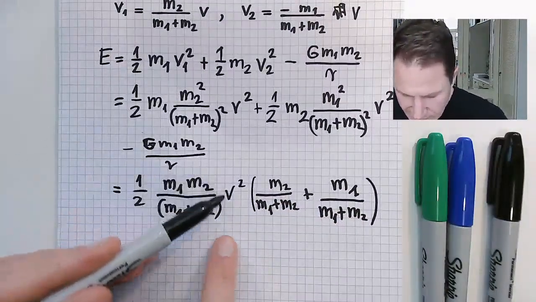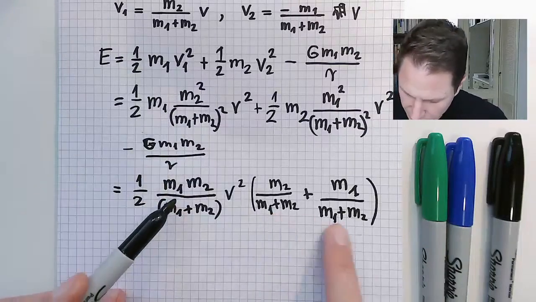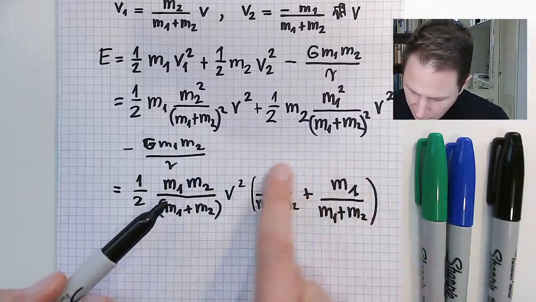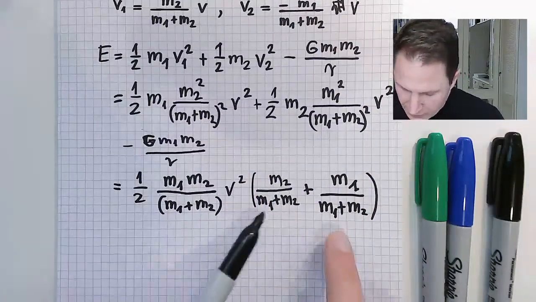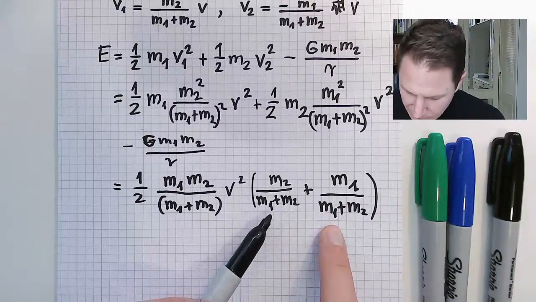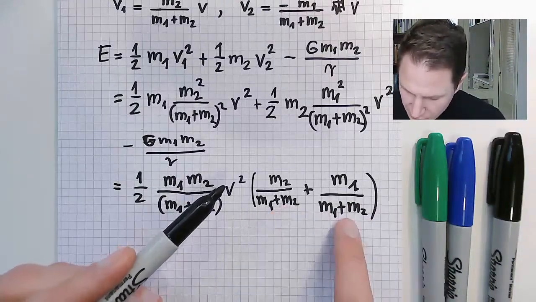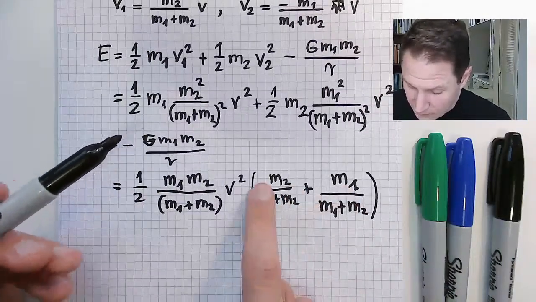So I collected these common factors from the first two terms, and what I'm left with is this combination of the masses. But if you look at this carefully, these are two fractions with the common denominator. It has m1 plus m2 in the denominator, and in the numerator it is also m1 plus m2.